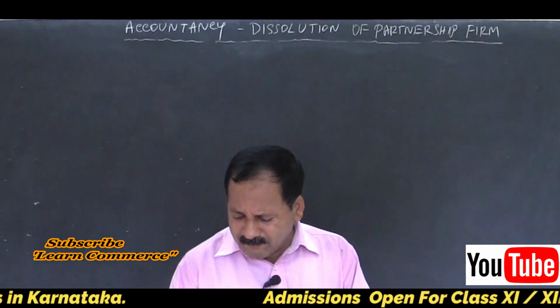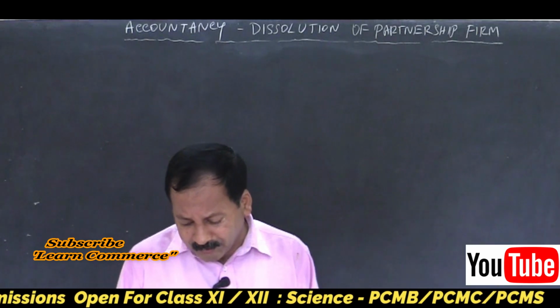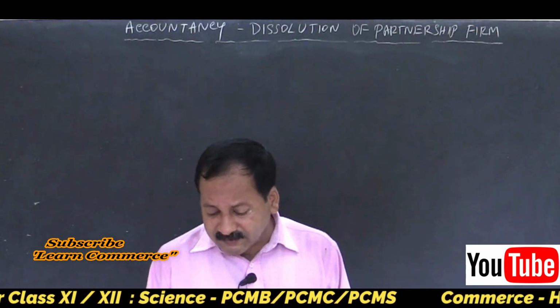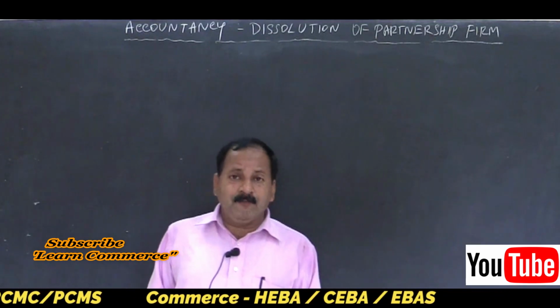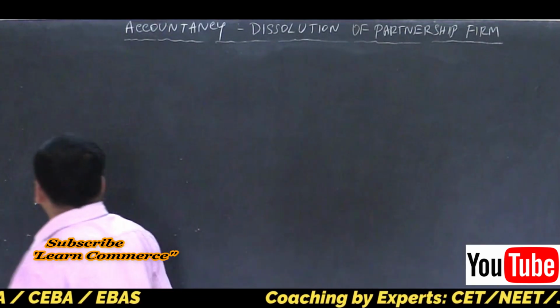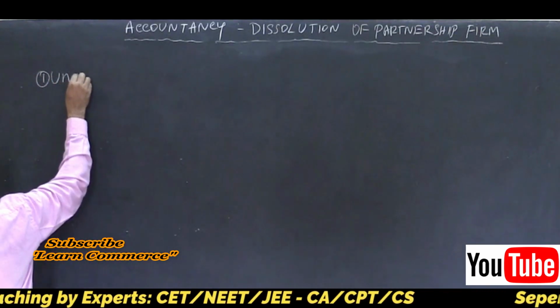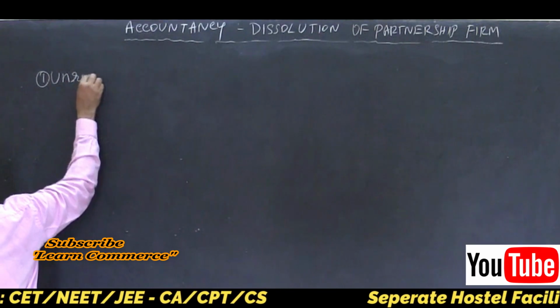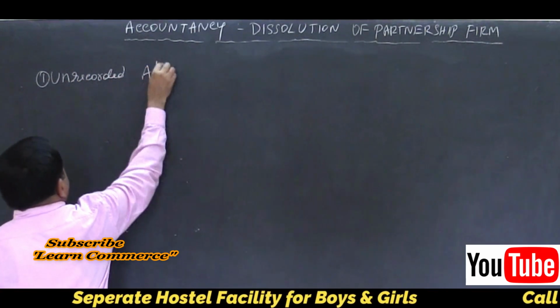Now let me take up the crucial items, and how to treat these items in the realization account. I'll take up one by one. First one is unrecorded assets or liabilities.